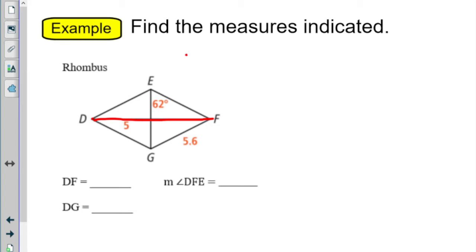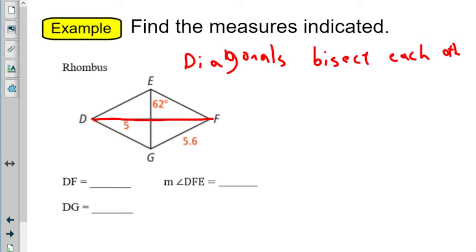And the diagonals in a rhombus, since it's a parallelogram, are going to bisect each other, which means that they're split in half. So I know that my pieces in this rhombus have to be the same. So if this piece is 5, the other piece also has to be 5, which makes the entire length from D to F 10.